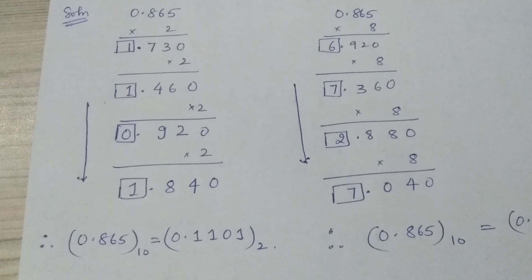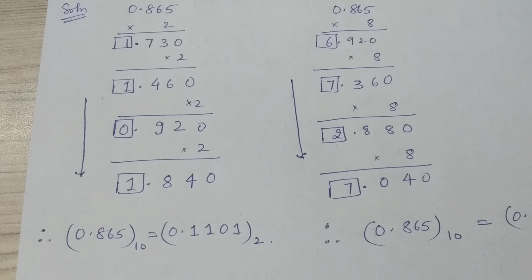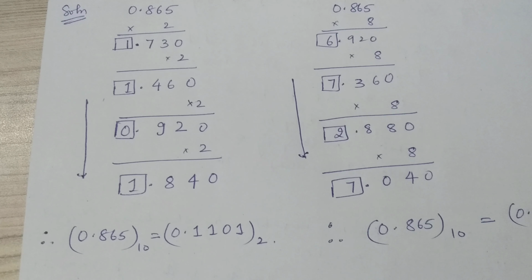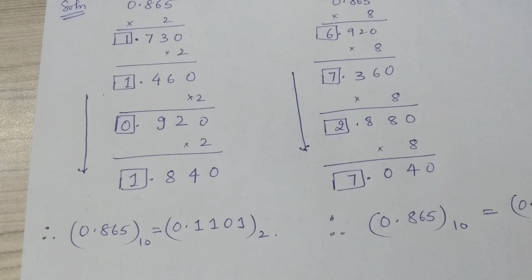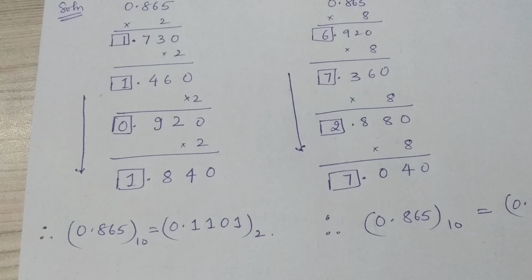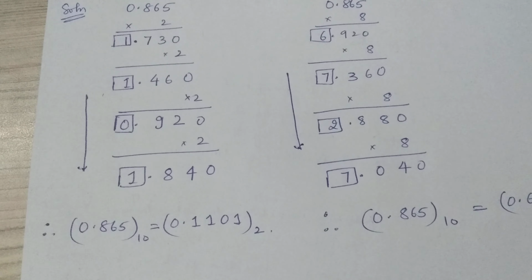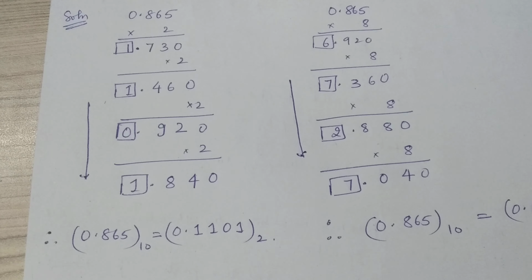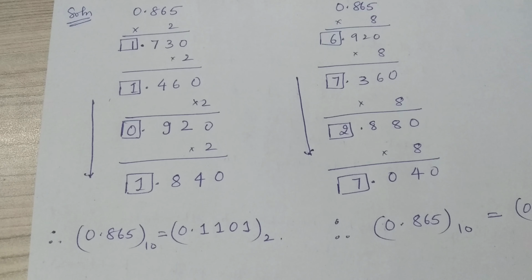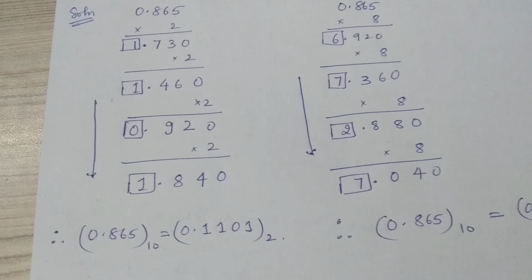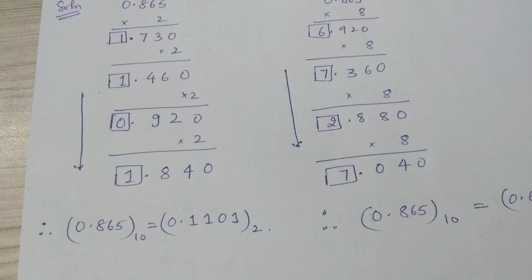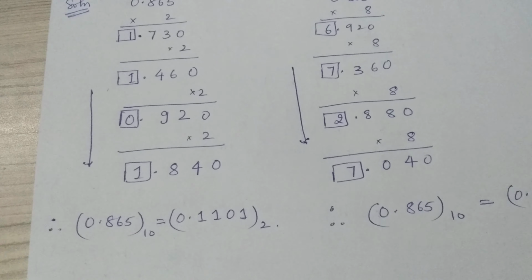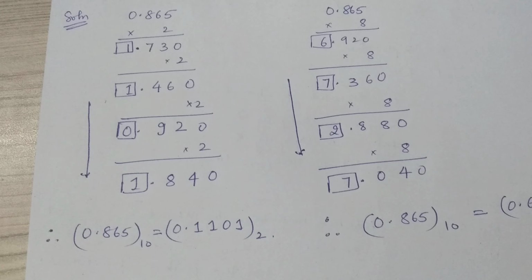To convert 0.865 into binary, I have multiplied it by the 2 base, 4 times. Marked in boxes the non-fractional part, taken the fractional part, multiplied it by 2 base and got the answer by writing the non-fractional part from top to bottom. So it is 0.1101. Don't forget to put the decimal point in the answer.